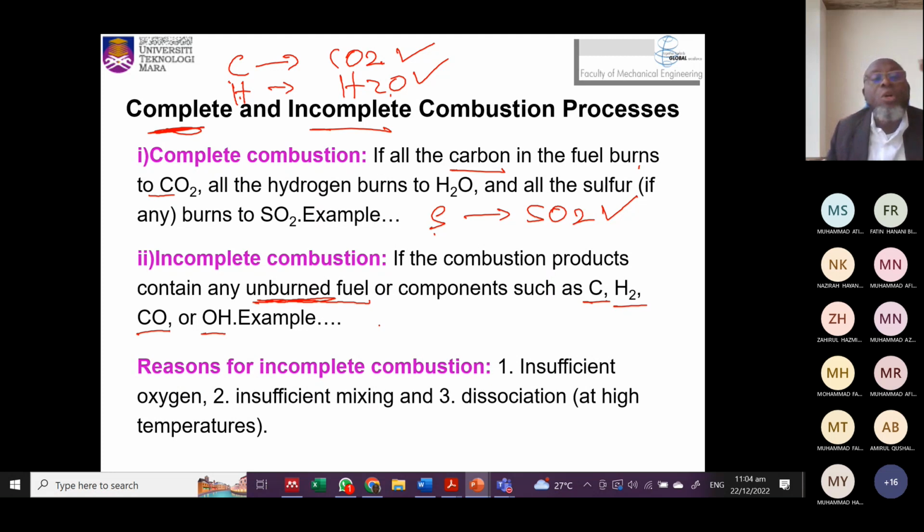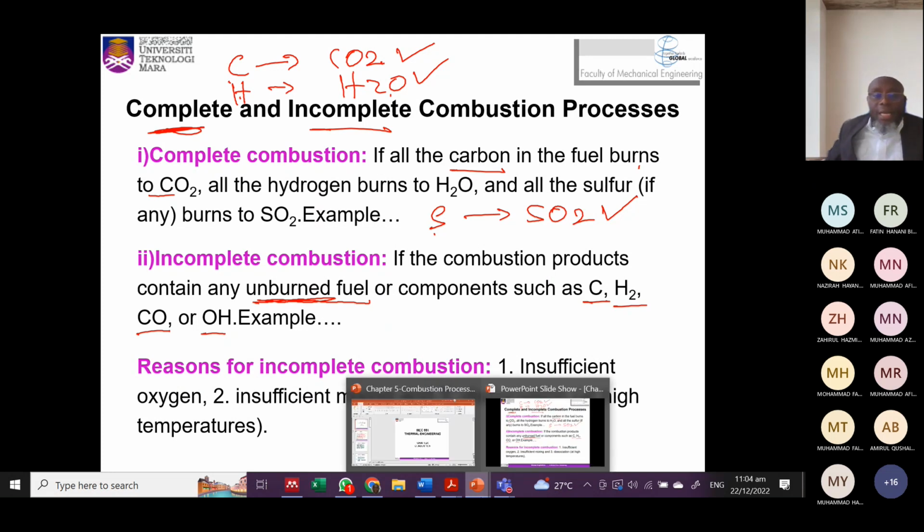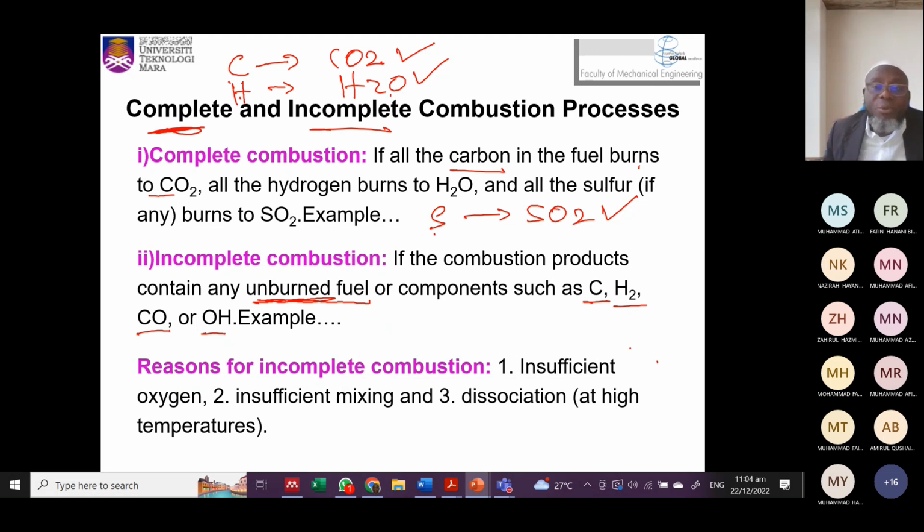If any of these is present in the product, it is incomplete combustion. It means that not all the carbon is converted into carbon dioxide, and not all the hydrogen is burnt into water.